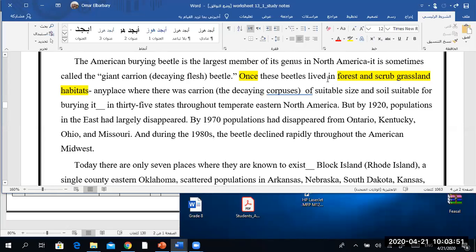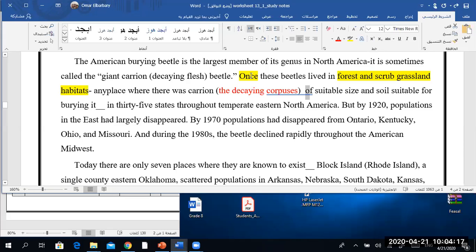Once these beetles lived in forest and scrub grassland habitats. Very good. Any place where there was carrion, of decaying suitable corpses. Yes, suitable, this is a size explanation. This is not part of the text, of course. This is only explanation. Okay. So of suitable size, and soil suitable for burying it.